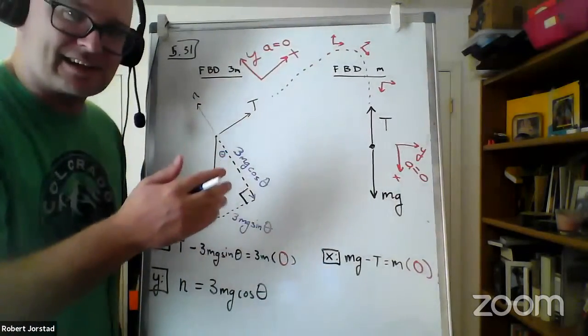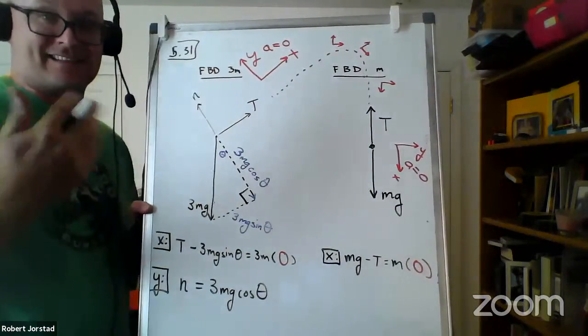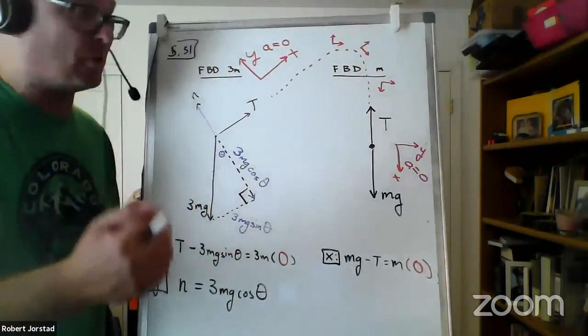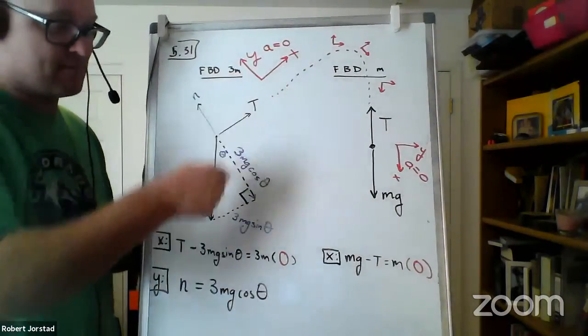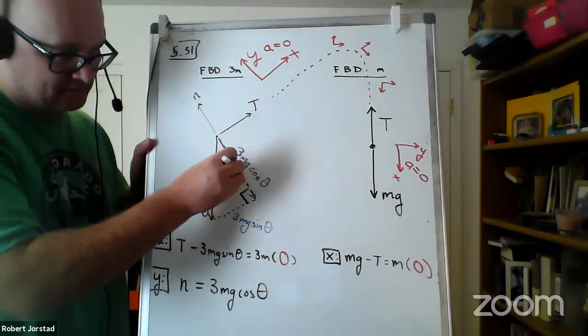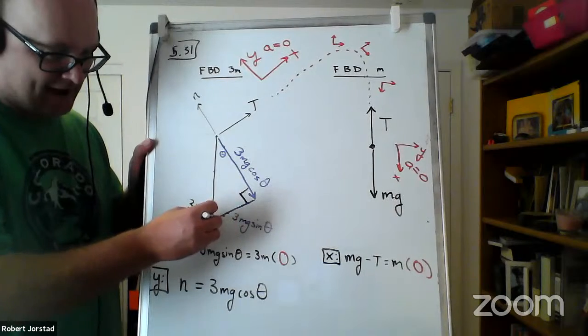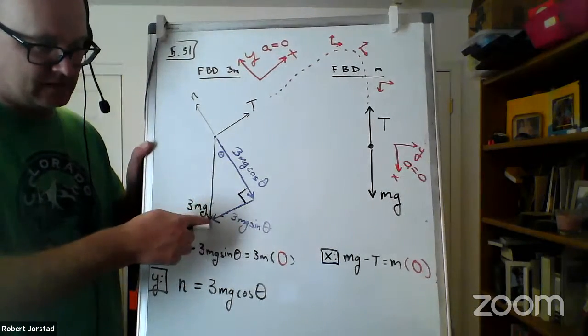Anytime a equals 0, it's kind of like, yeah, whatever. But for later problems, when a is not equal to 0, it's super important that you make sure the components match the coordinates. Look at this one. This one is going down the plane.